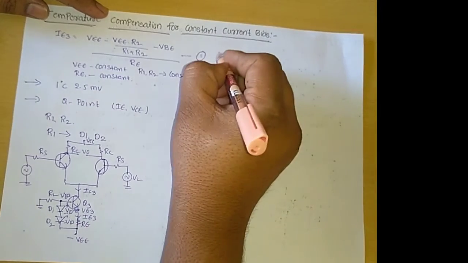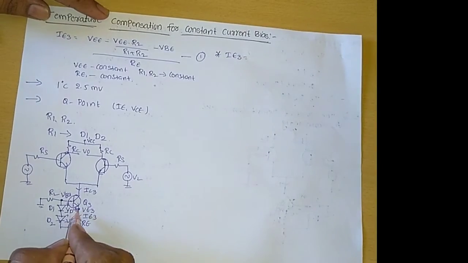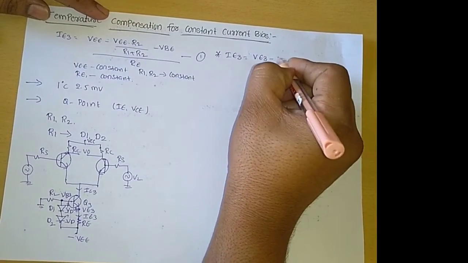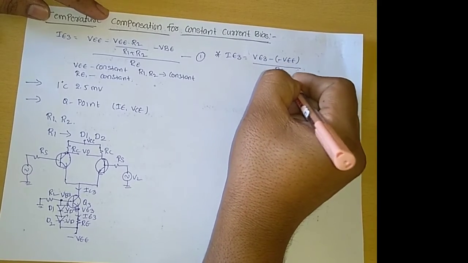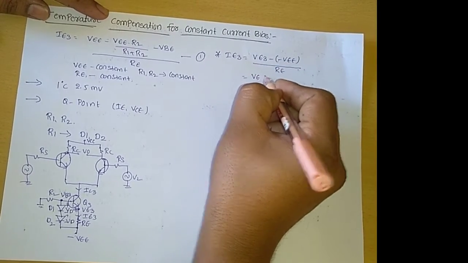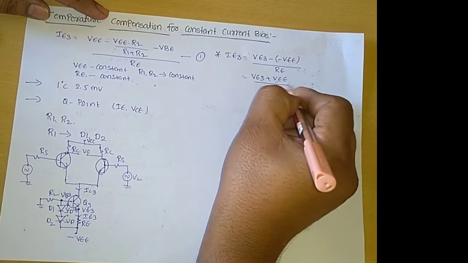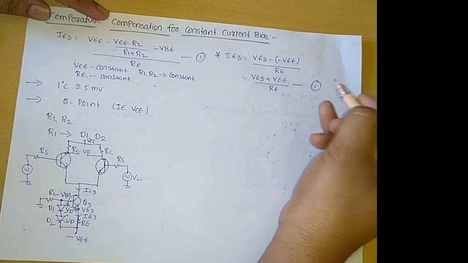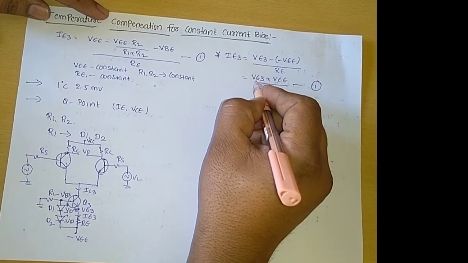The emitter current IE3 equals this voltage minus this voltage by this resistor, that is VE3 minus VEE whole by the resistance RE, that is VE3 plus VEE whole by emitter resistance RE. We consider this as equation number 1. Now we want to estimate the emitter voltage VE3.